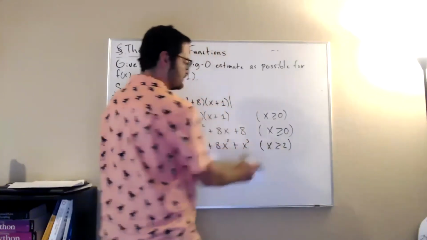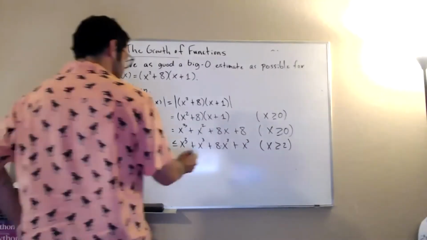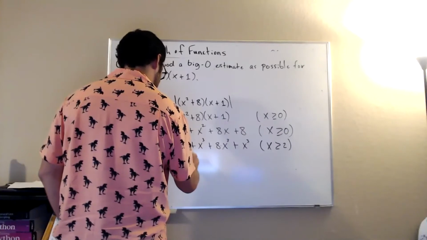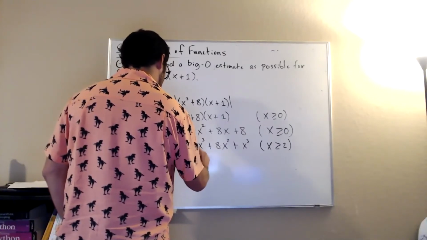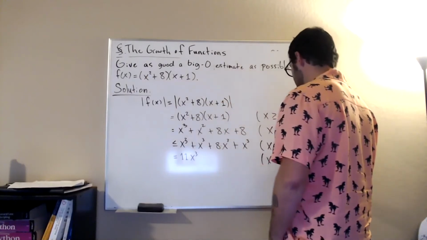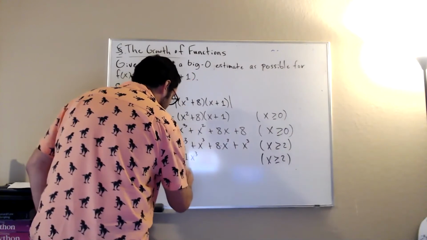Again, because x is greater than or equal to 2, 2 cubed is 8, so still it holds. So 8, 9, 10, 11 x cubed. And again, we're assuming x is greater than or equal to 2.